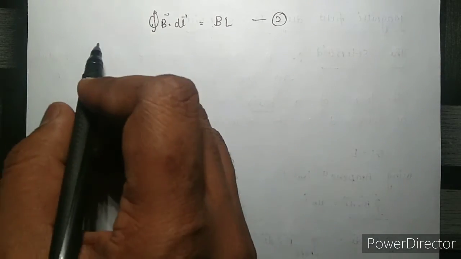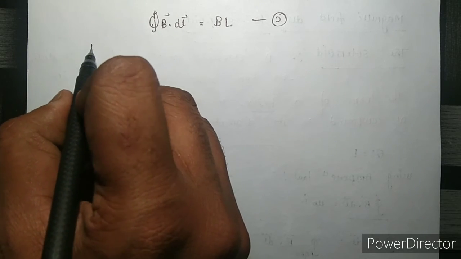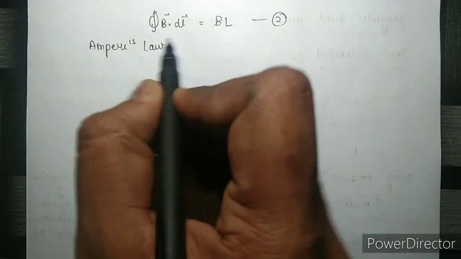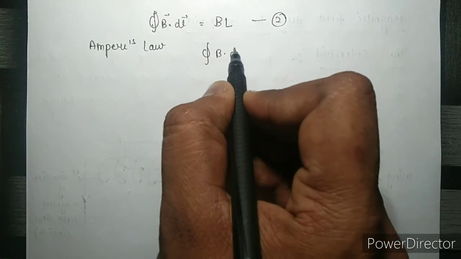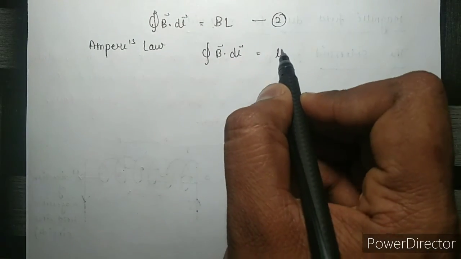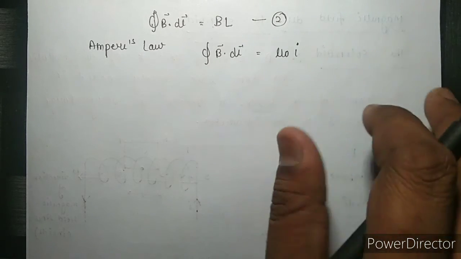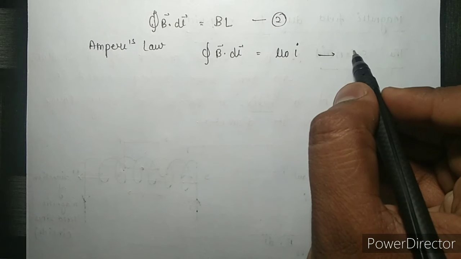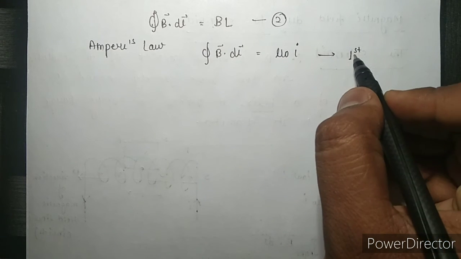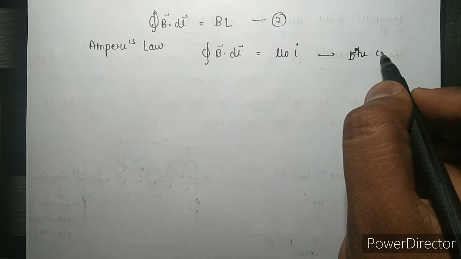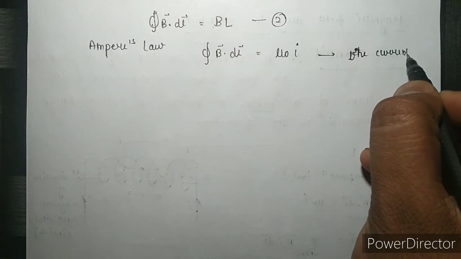Now by Ampere's law, the closed integral of B dot dl equals mu naught I, which is for one current loop.